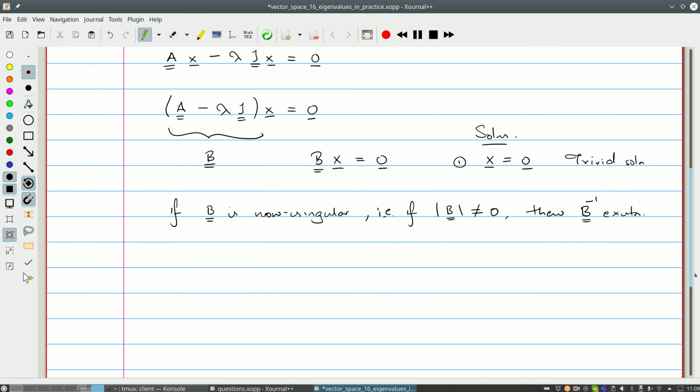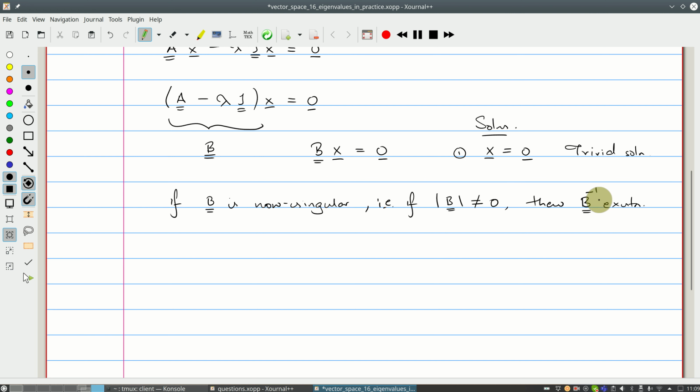If you want to remember how, you can look at Riley, Hobson and Bence, but basically in defining the inverse we have to divide by the determinant, and if the determinant is 0, then the inverse doesn't exist. So if the determinant is non-zero, then the inverse exists. So what we can do now is multiply with the inverse on both sides of this equation. Therefore B inverse times Bx is equal to B inverse times the 0 vector, which is of course just the 0 vector.